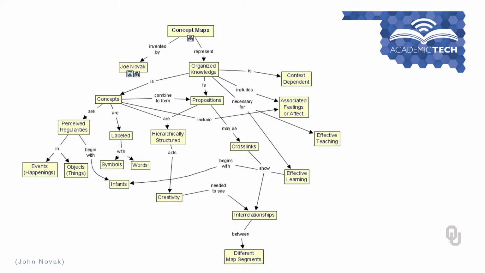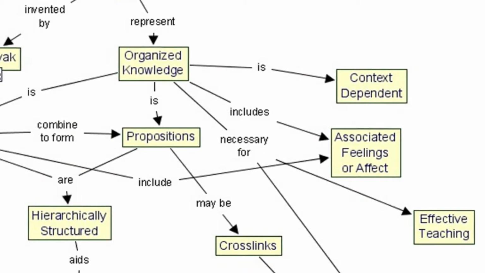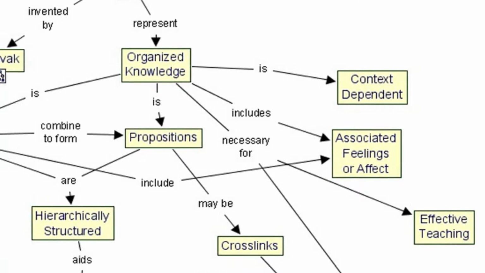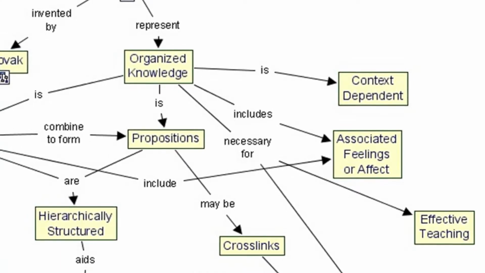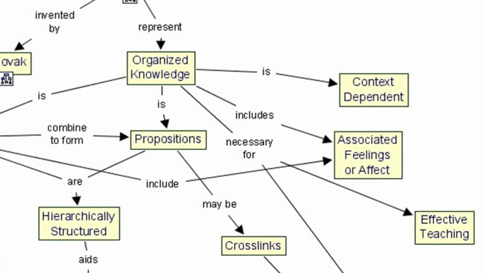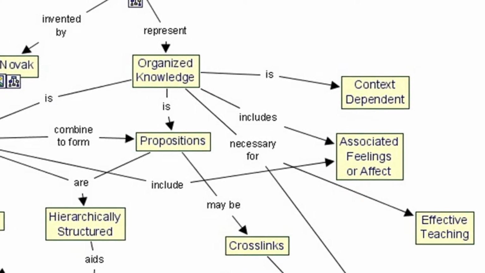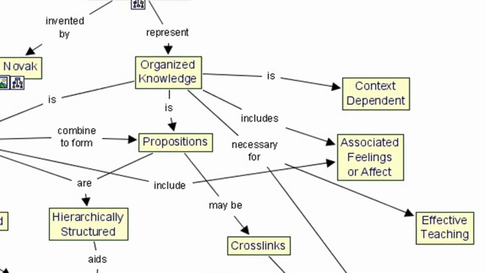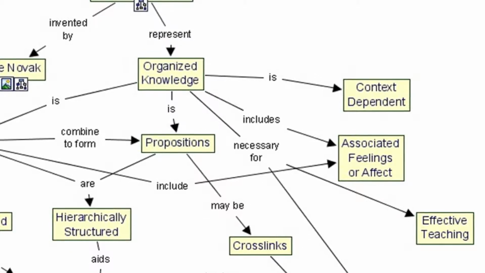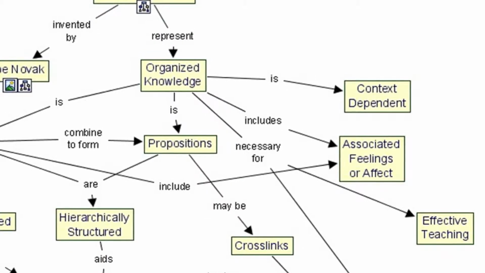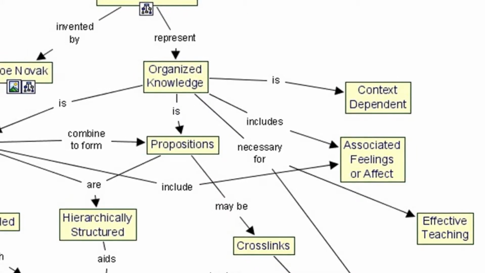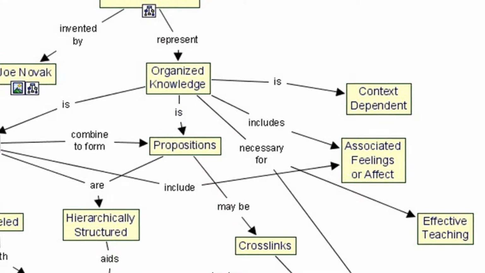Anything in yellow, those are concepts. So hierarchy, knowledge or understanding, concepts, those are concepts. Then we have words that connect them, and those are links. So for a concept map to be a concept map, what is required are two concepts that make up a proposition, and then a link between them that tells you how they are connected.